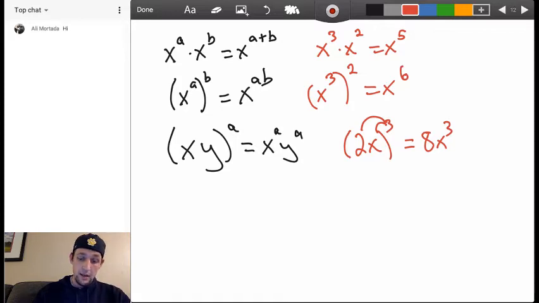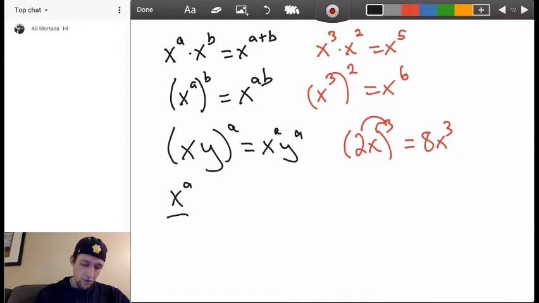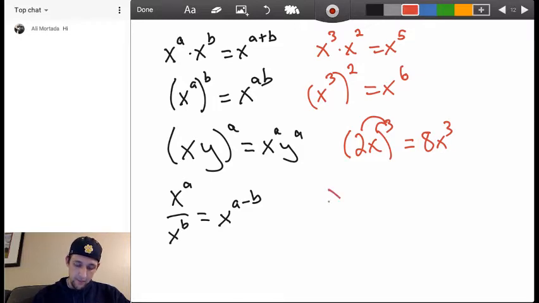The last two rules are both division based. There's the quotient rule, I think is what we call that. x to the a minus b is what you get when you divide two exponents, and the rule says that we subtract our exponents. So if we have x to the seventh over x to the second, we would get x to the fifth.